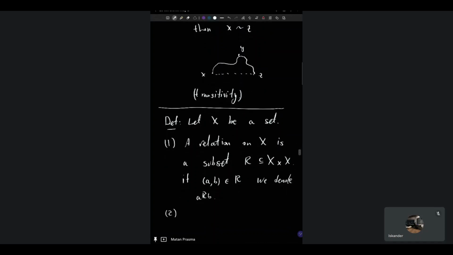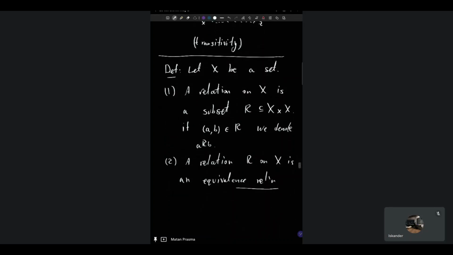And a relation R on X is an equivalence relation if it has the three properties.